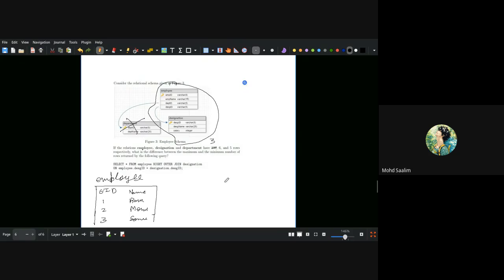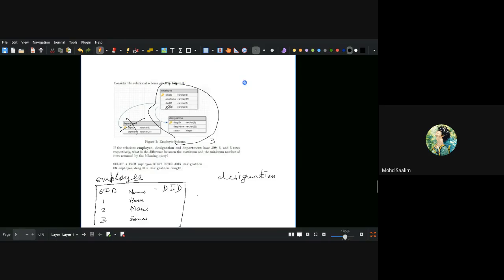We are trying to understand what is happening. The second table is designation. There is one more attribute that we should consider, and that attribute is designation ID, which I'm calling DID.